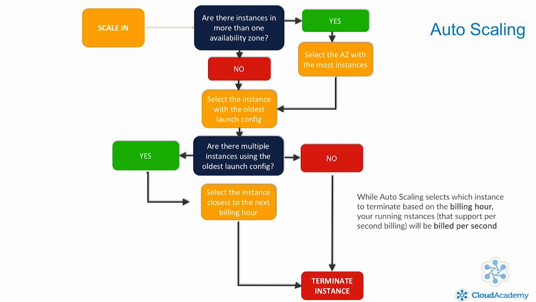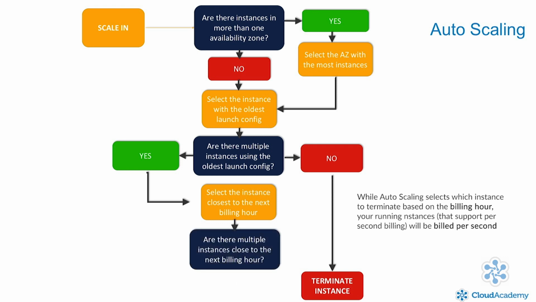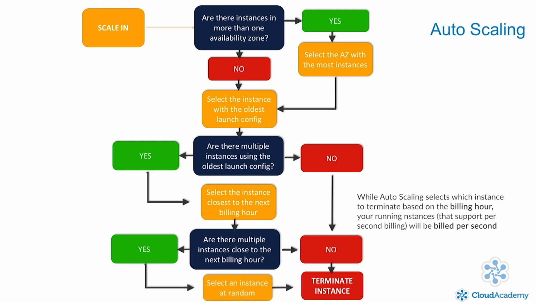This helps you maximize the use of your EC2 instances while minimizing the number of hours you are billed for Amazon EC2 usage. If there is more than one unprotected instance closest to the next billing hour, autoscaling selects one of these instances at random.